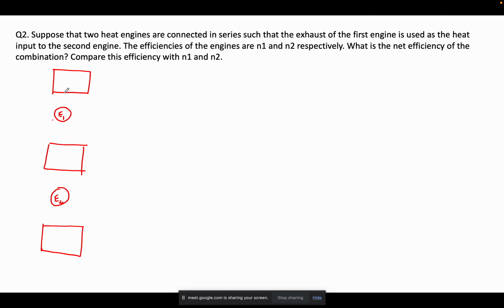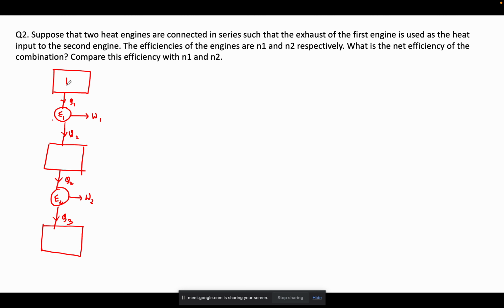You take Q1 heat, you do W1 work, and you eject Q2. Now whatever you eject is used as heat input to the second engine. It will do some W2 amount of work, and the rest, Q3, will be released.